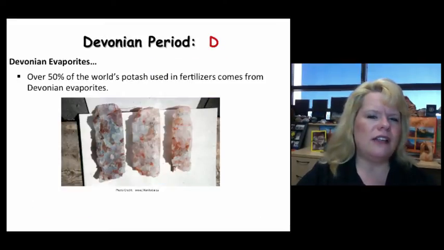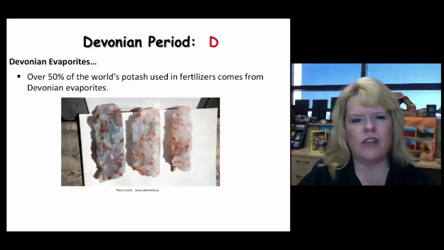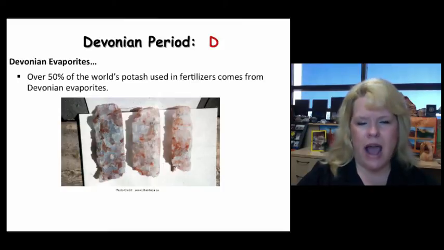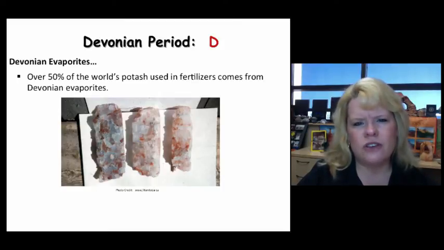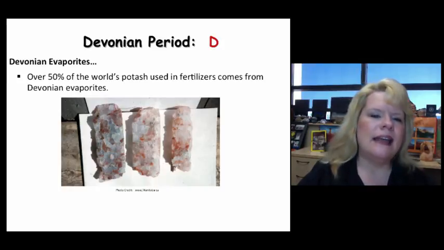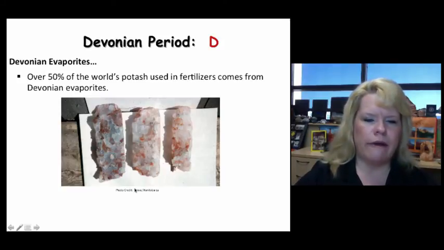The Devonian-aged evaporites that are famous and useful for intrinsic value are called potash, and over half of the world's potash comes from this aged rock, specifically from Williston Basin. This is potash, and you might say, well, I don't see the salt.